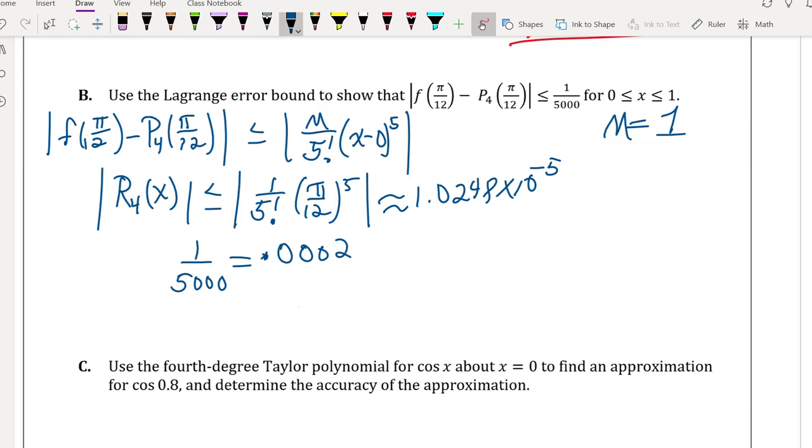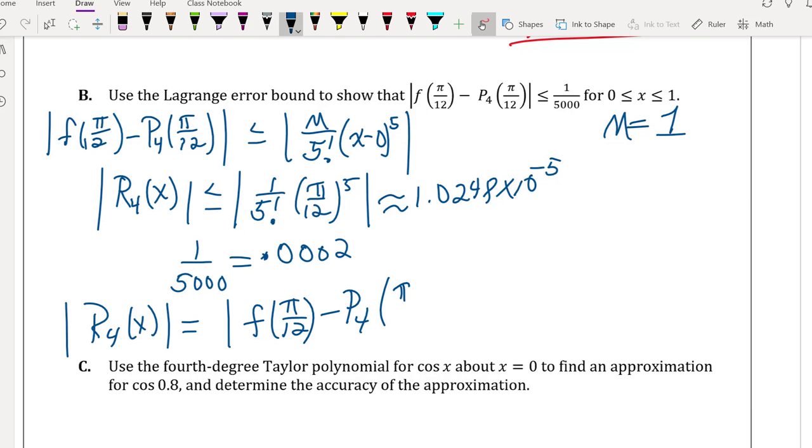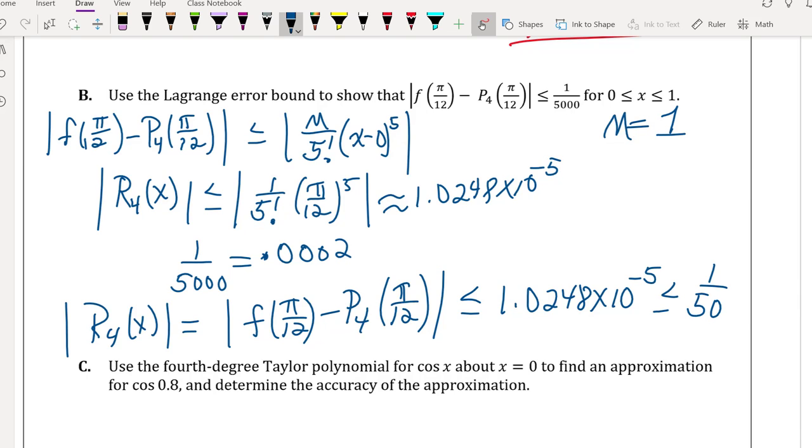Let me put it this way. R4 of x is less than or equal to 1.0248 times 10 to the negative 5, which is less than 1 over 5,000. There we go. That's a better way to write the answer.